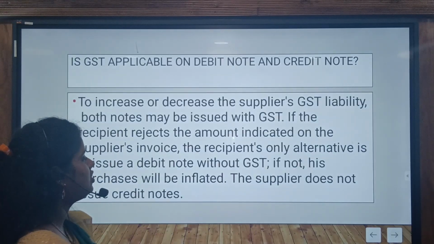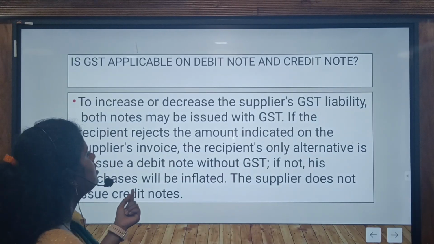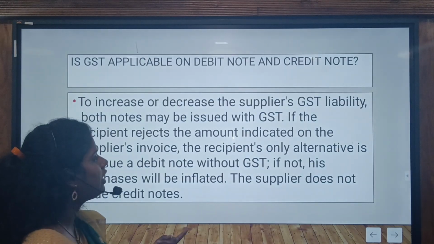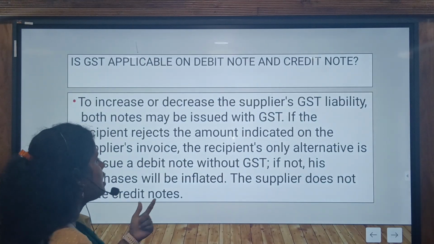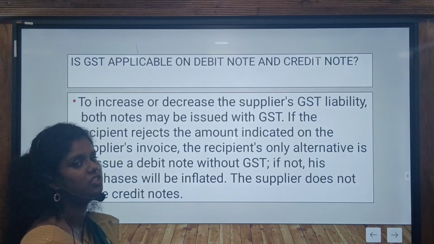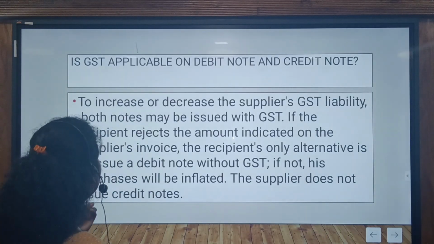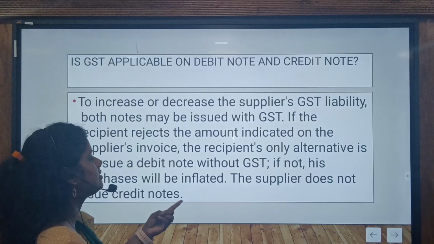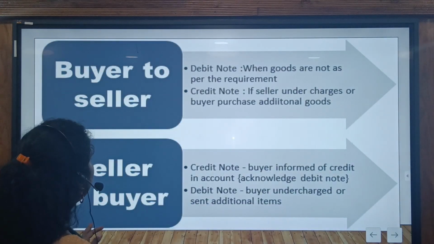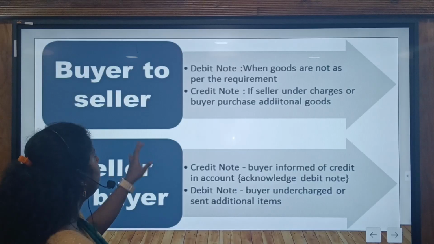So now on debit note and credit note. To increase or decrease the supplier's GST liability, notes may be issued with the GST. Yes, the amount indicated on the supplier's invoice. An alternative is to issue a debit note if the invoice is under-stated. If inflated, the supplier issues a credit note. So buyer to seller, seller to buyer.